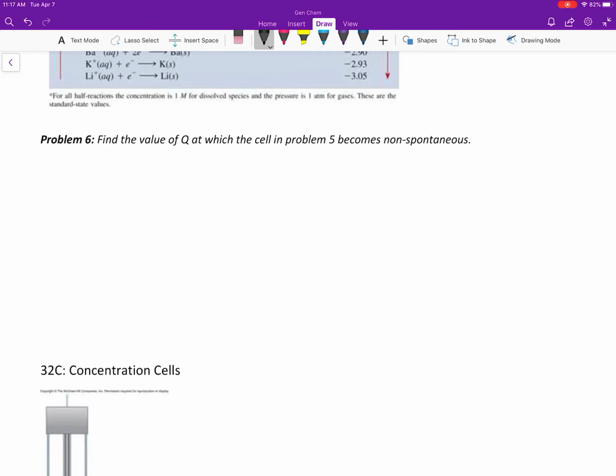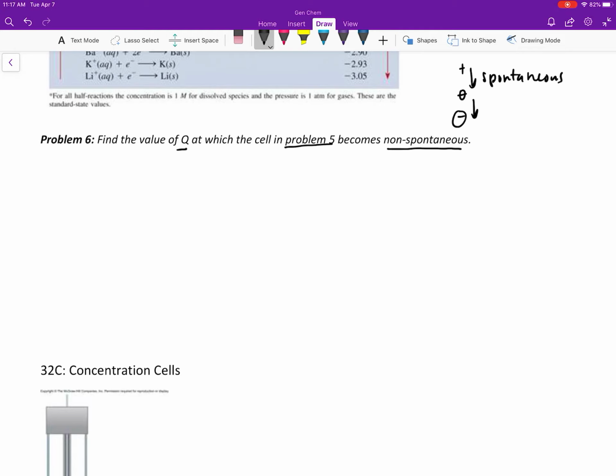So this says to find the Q value at which the cell in problem 5 above becomes non-spontaneous. So what we're looking for is, if you remember, when E cell is positive, it's going to go until it becomes 0, and that's at equilibrium.